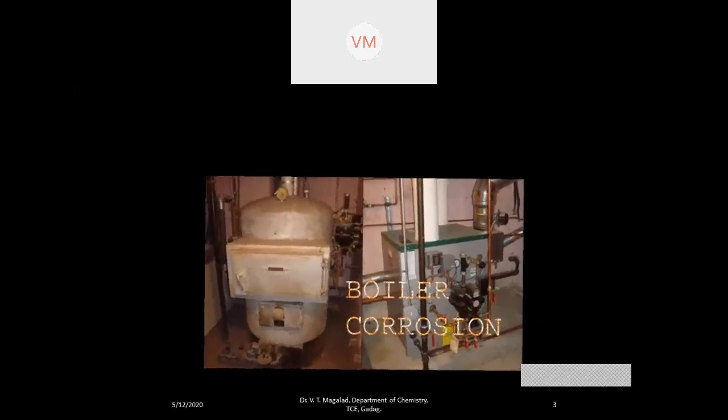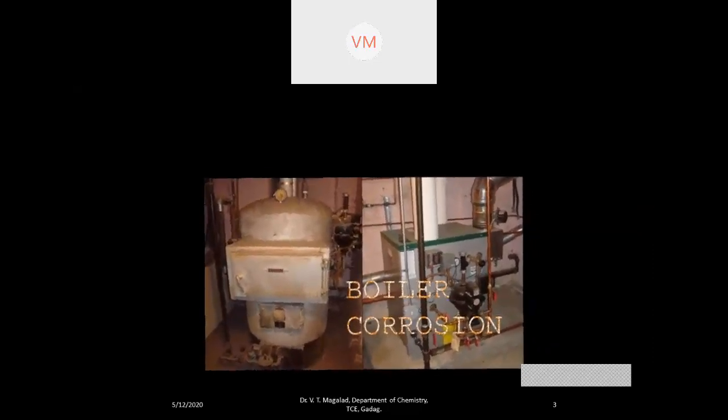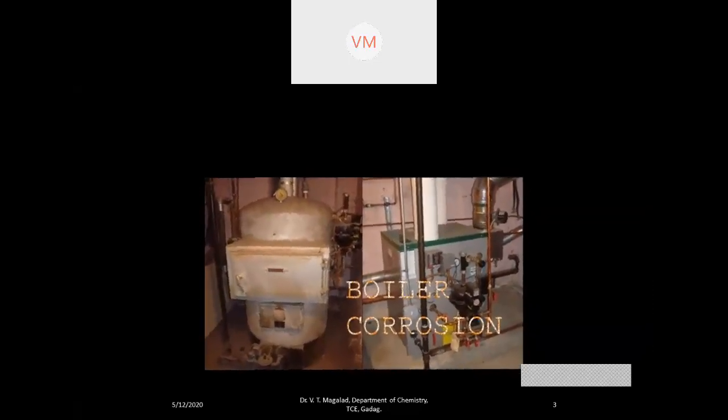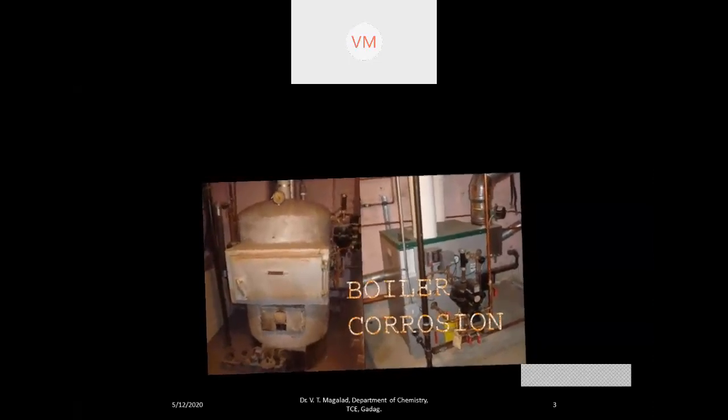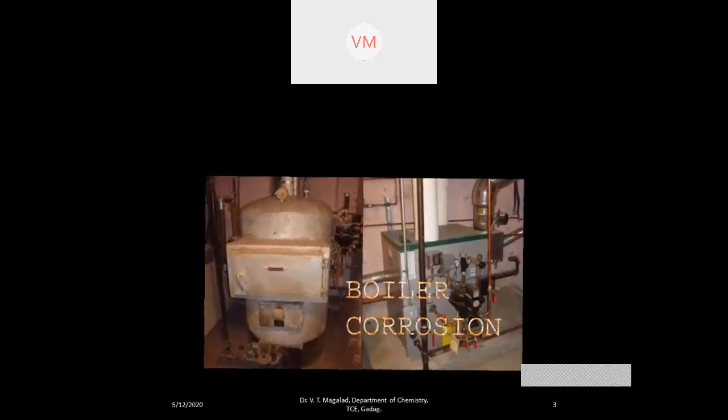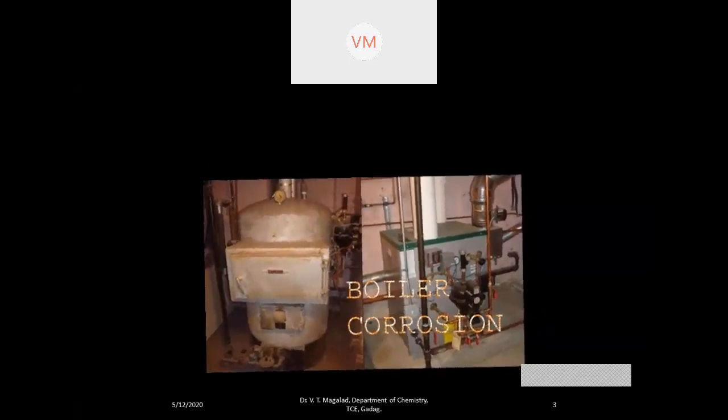You may know that boilers are extensively used in various industries, from pharmaceutical and oil industries to big power production industries.